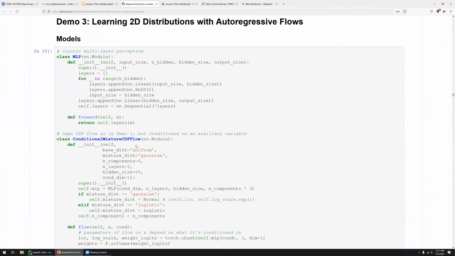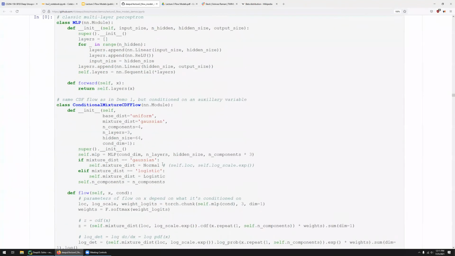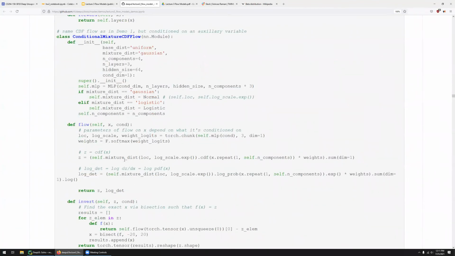And so we have 2D with autoregressive flows. The flow seems to be similar, and they also have the base and the mixture and the number of components.